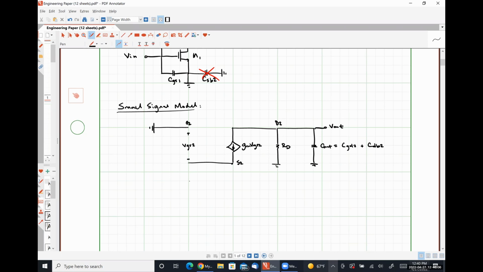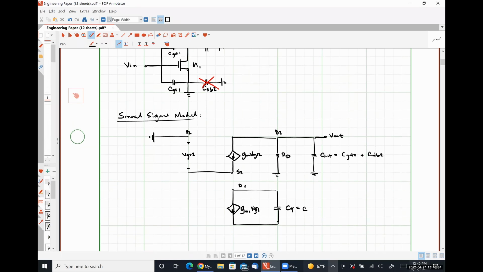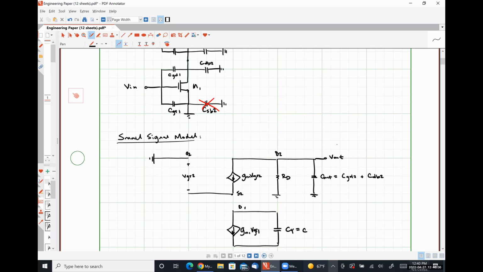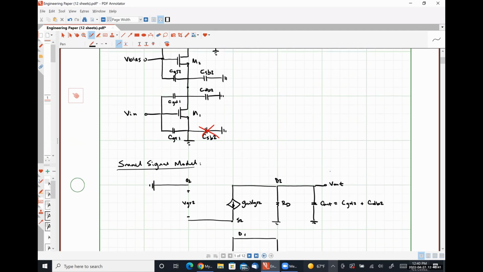Down here, we're going to have transistor M1. So this is our drain of 1. We have our dependent source, gm1 VGS1, in parallel with the capacitance. I'm going to call this CY, and this is C. Oh, I mislabeled that.